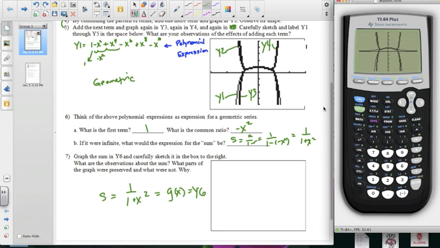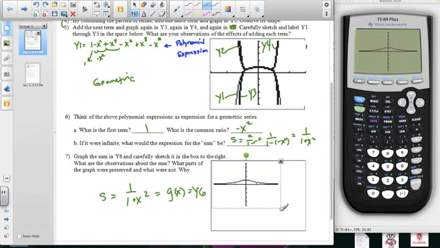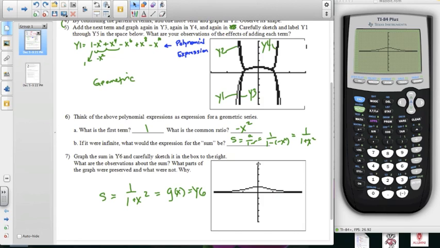So if you notice that, we'll turn these guys off just for a second so we can get that picture. There we go. So if we look at that, we see that we have just that portion of the graph here that follows that same contour that we have up here.